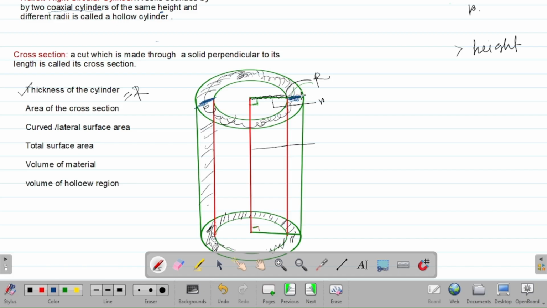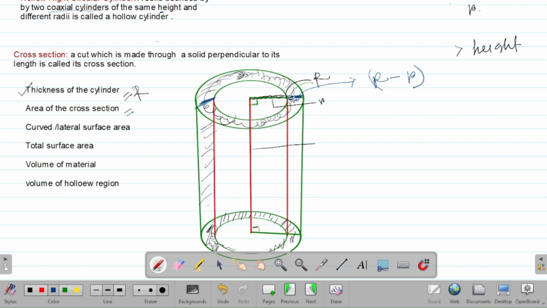Therefore, this is R minus r. That's why the area of the cross section, as this surface is a two-dimensional circle, would be: the outer area is pi capital R square, and the inner area, that is the hollow and empty part, is pi small r square.